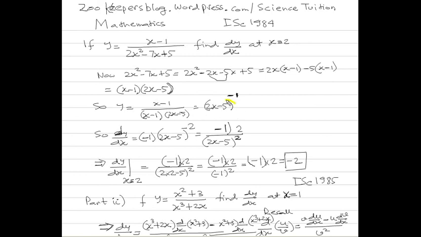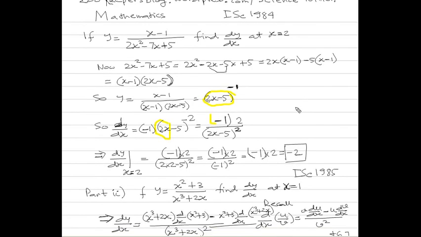So we have minus 1, 2x minus 5 to the power minus 2, as 2x minus 5 to the power 2 in the denominator, and again we have the differentiation of 2x, and differentiation of 2x will give me 2. Let us not forget that. So dy by dx at x is equal to 2, I just substitute the value and get minus 2.